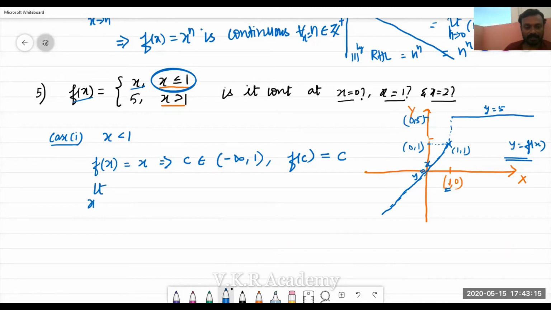Now take the limit. Limit x tends to c, f of x is equal to limit x tends to c, x, since our c is in the interval minus infinity to 1, that is at a point less than 1, so f of x will be equal to x. When x tends to c, the limit is going to be c.